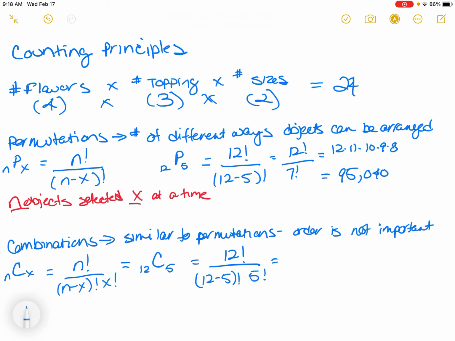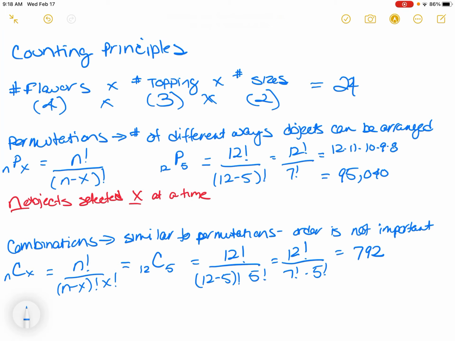And that would give us 12 factorial divided by 7 factorial times 5 factorial. I'm not going to do the math because I don't have enough space on this little pad, but this is 792 different ways we can call out those combinations of names.